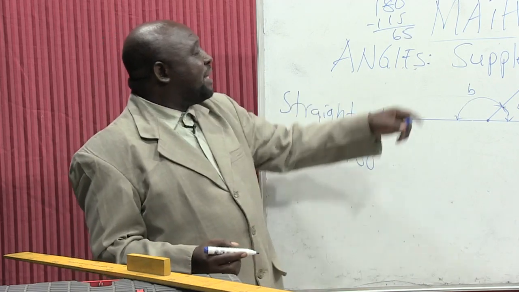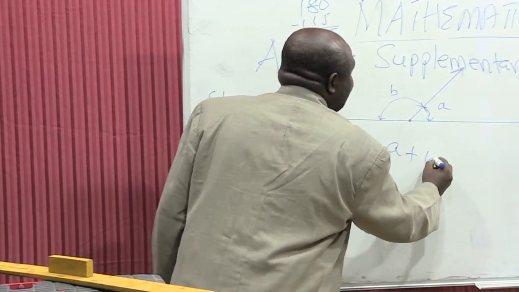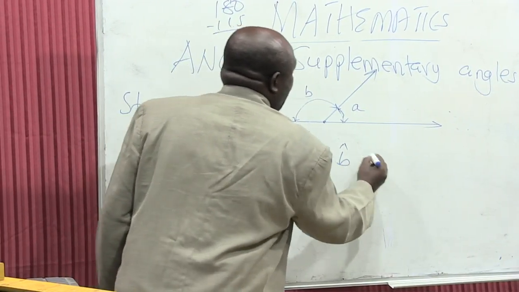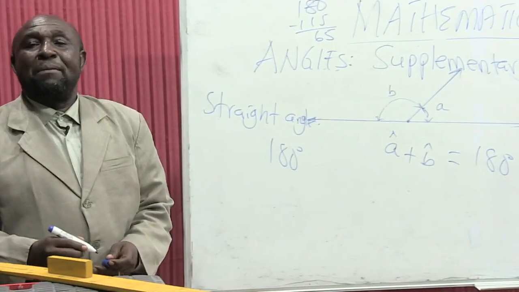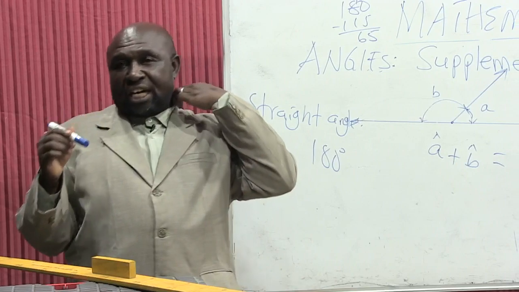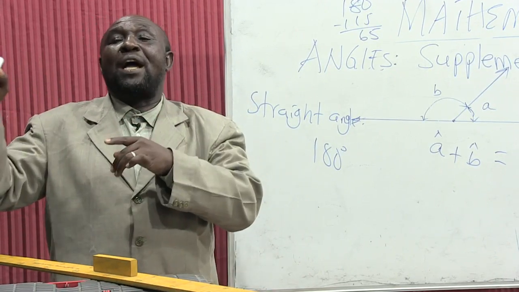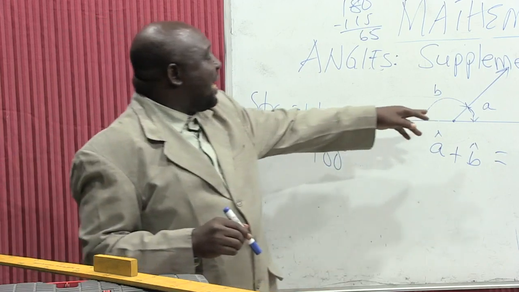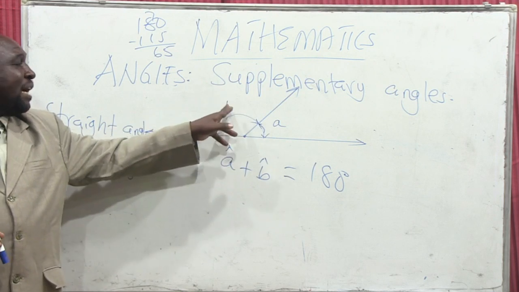Then for supplementary angles, we say A plus B equals 180 degrees. Supplementary angles sum up to 180 degrees. Remember also allied angles sum up to 180 degrees, but allied angles are at different points, while supplementary angles are at the same point.